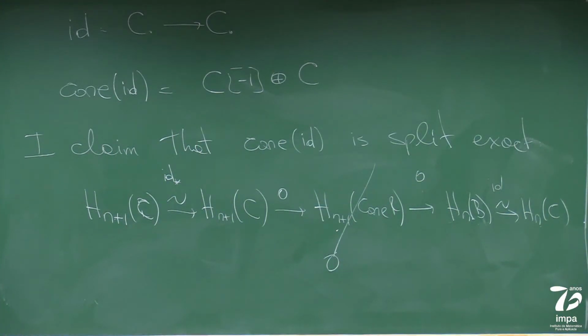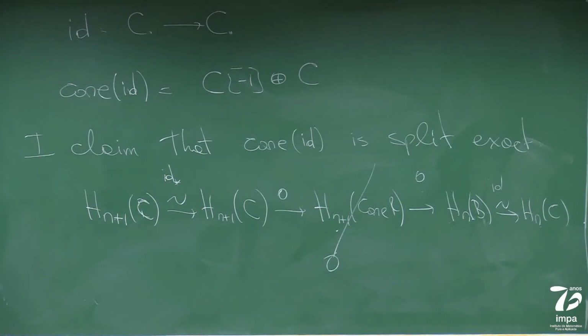Okay, so how do we prove either that more general statement or just for the identity, the cone of the identity? I think we can immediately show that it is split, and that the splitting induces that triviality in homology for the cone. So what I want is to look at this map, and construct explicitly some splittings. So what is the splitting?